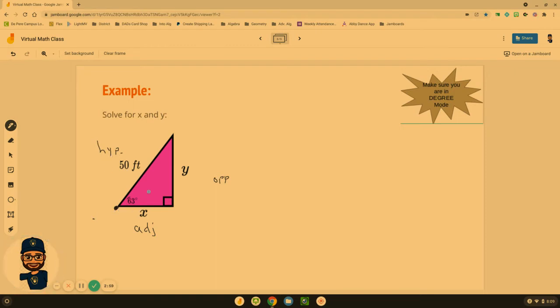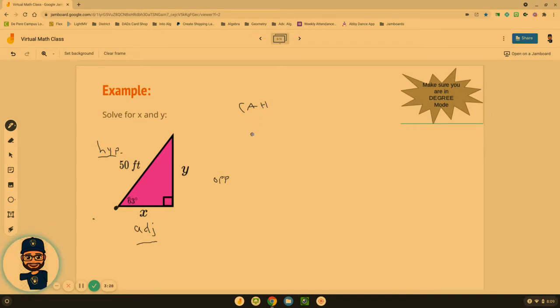So let's start with x, just because it comes first in the variable. We're going to try and find x, and the only two pieces of information we have are that an angle measure is 63 and the hypotenuse is 50. If I'm going to find x, what trig function uses adjacent and hypotenuse? CAH, so therefore it's cosine.